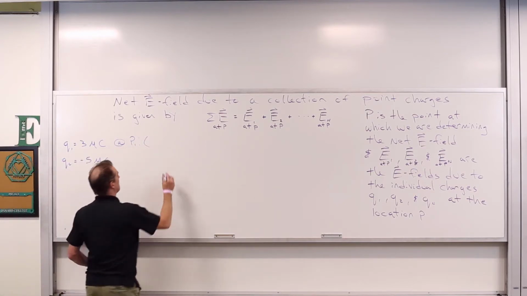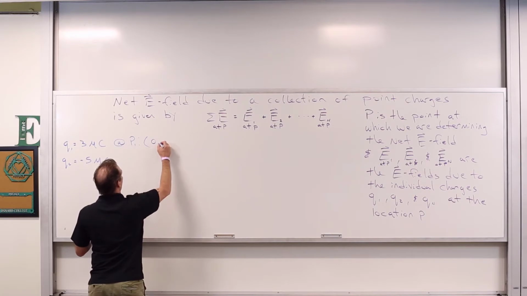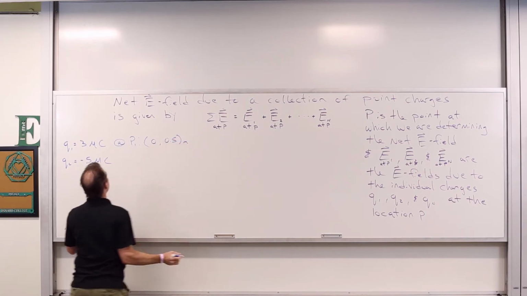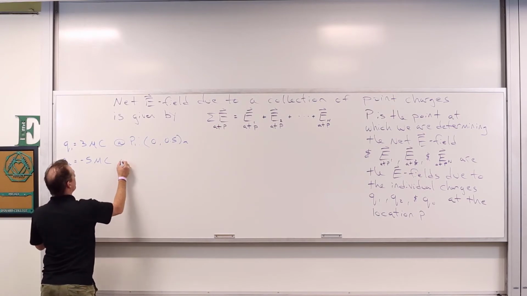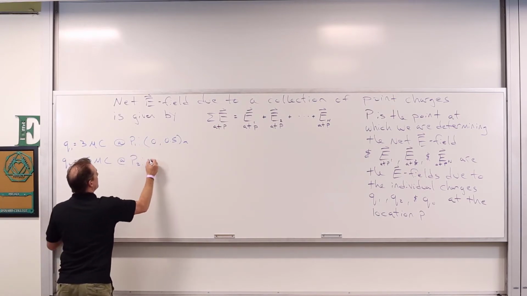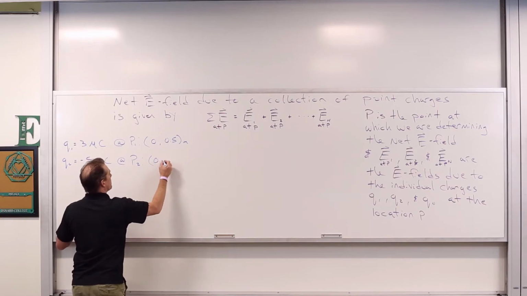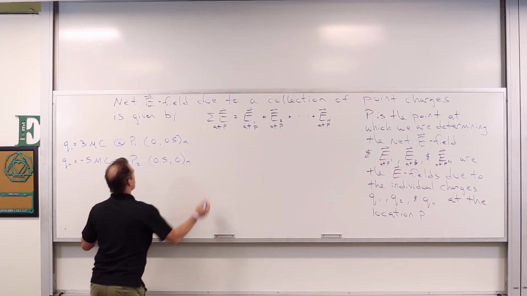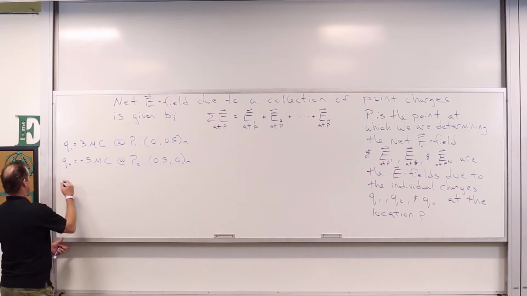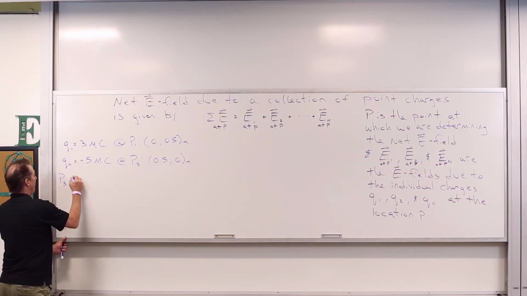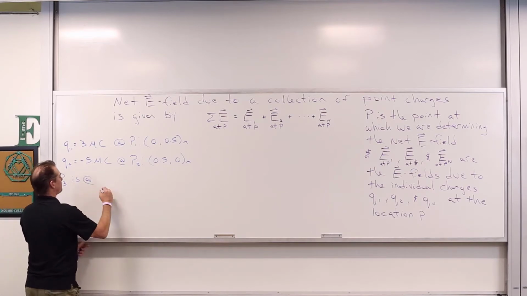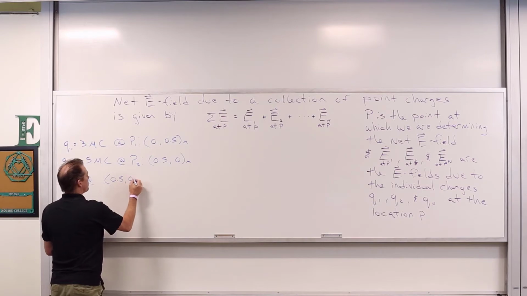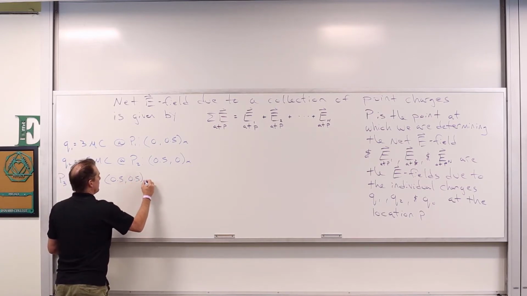Let's say it is 0, 0.5, and that'll be meters, and this Q2 will be at point P2, which we'll say is 0.5, 0 meters. Here we go. And let's say P3 is at the coordinates 0.5, 0.5 meters.